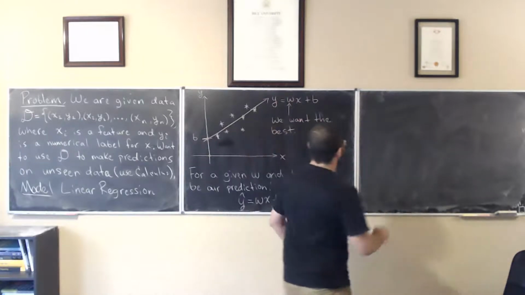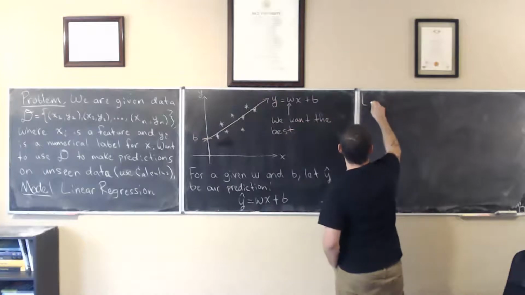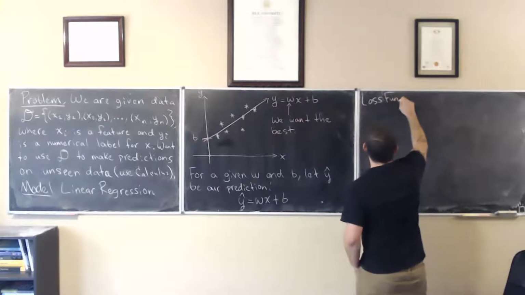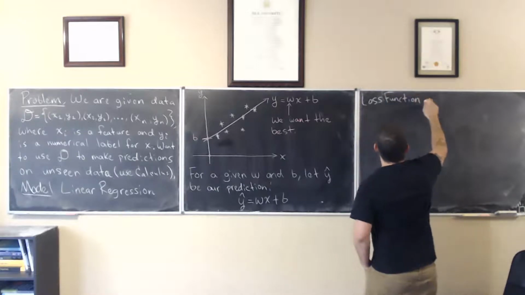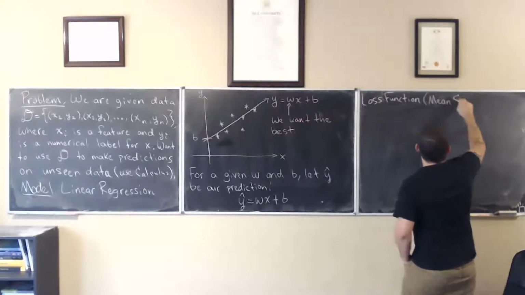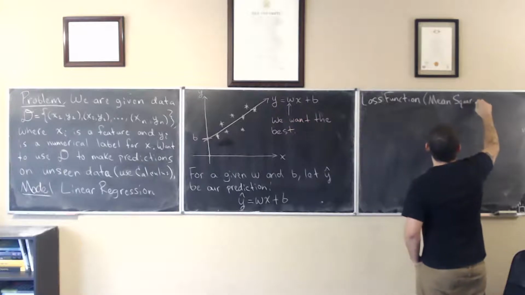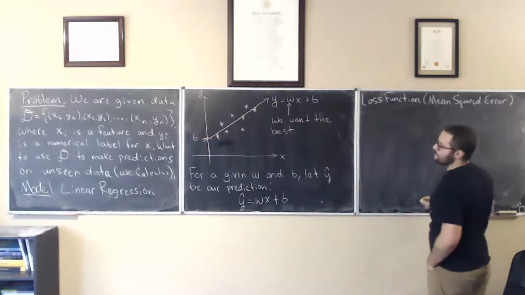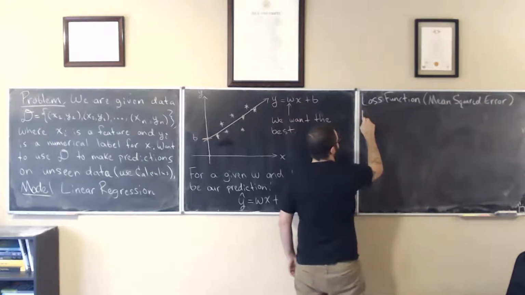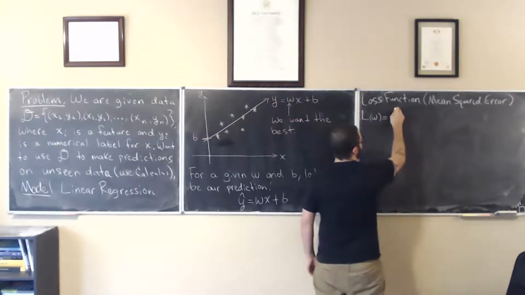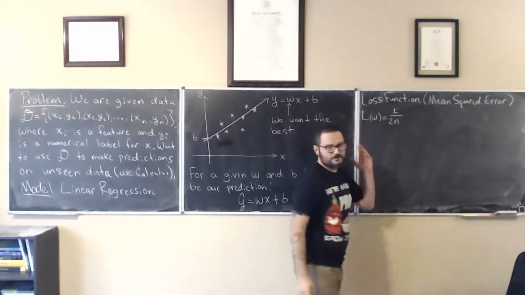So then the loss function, make sure y'all can read that, it's the loss function. And I didn't mention this last time, but I probably should. This loss function that I showed you is called the mean squared error function. That's the name of it. So the loss function for a given W is equal to 1/2 times n.